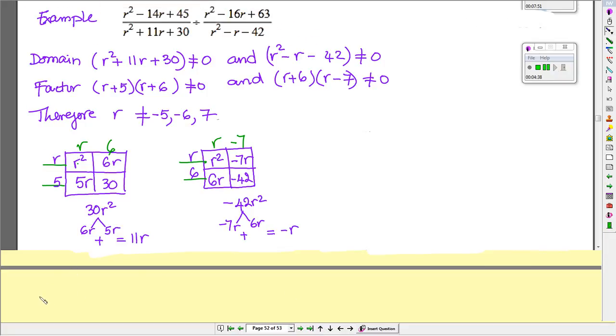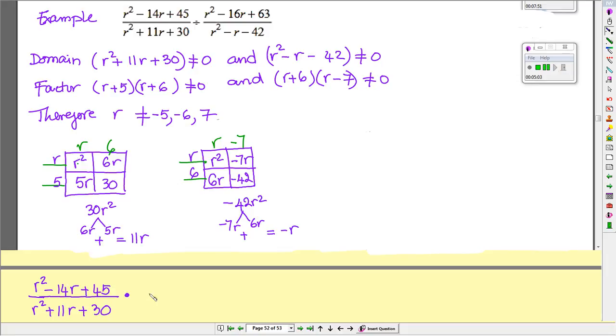The first fraction we keep the same, so we have r squared minus 14r plus 45 over r squared plus 11r plus 30.